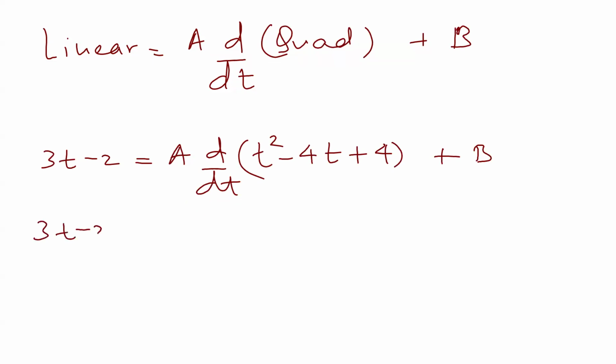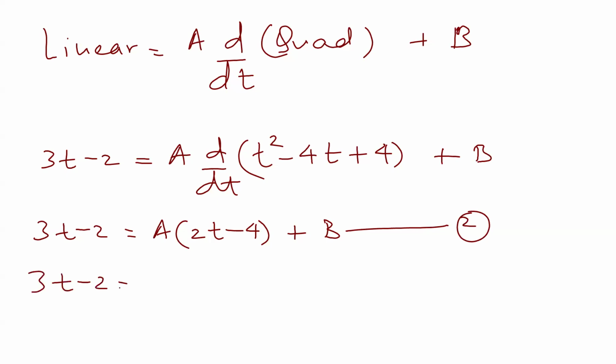So 3t minus 2 equals a into 2t minus 4 plus b. This will be equation number 2. So 3t minus 2 equals 2at minus 4a plus b. Multiply a with both the terms over here.